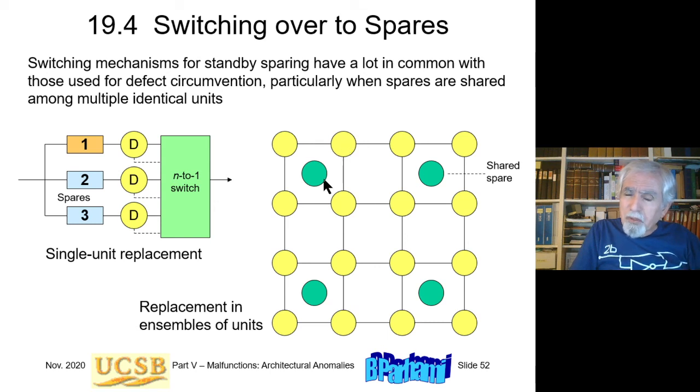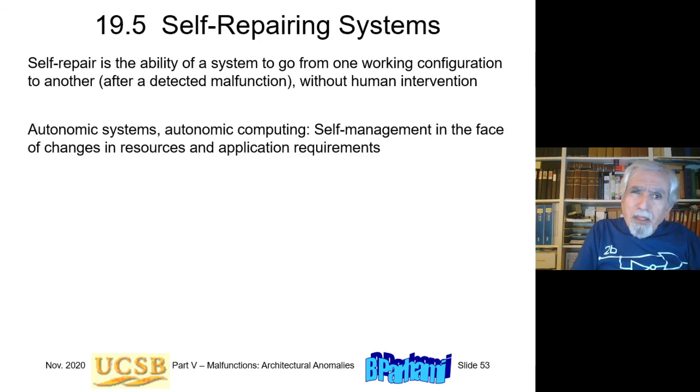Furthermore, it has to have 8 communication ports, which adds to its cost and energy consumption, and it has to be specially designed rather than just being a replica of this or this. So it's non-trivial to do this kind of low redundancy sparing.